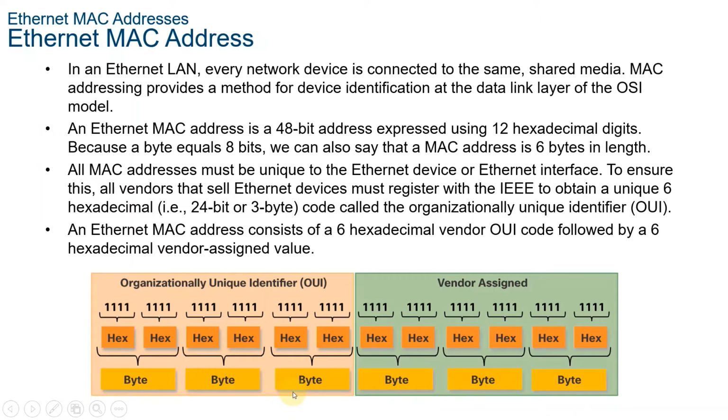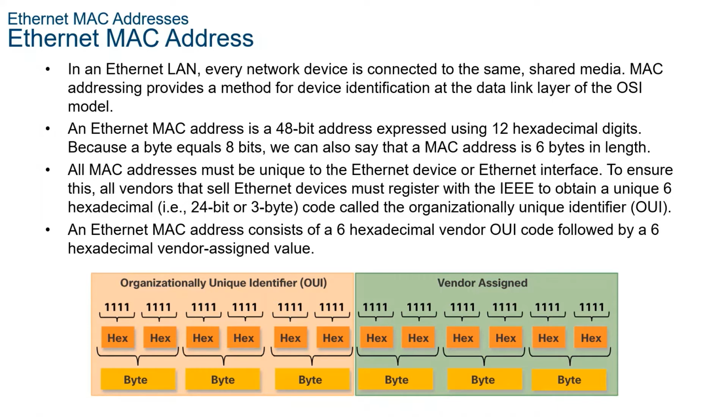Alright, so for example, assume that the company needs to assign a unique MAC address to a new device. The IEEE has assigned the company an OUI, or organizationally unique identifier, of, for instance, 00-60-2F.